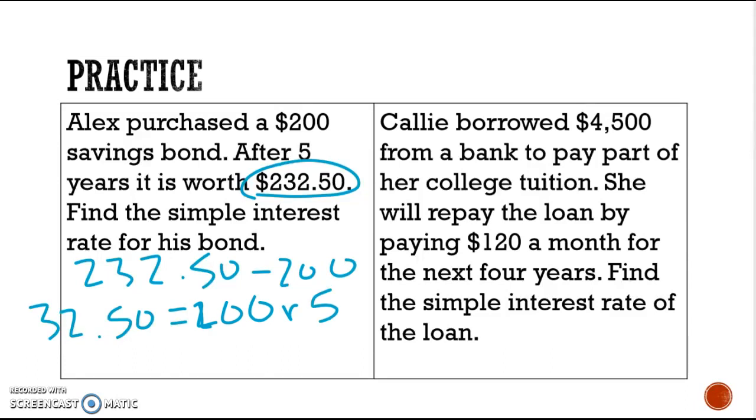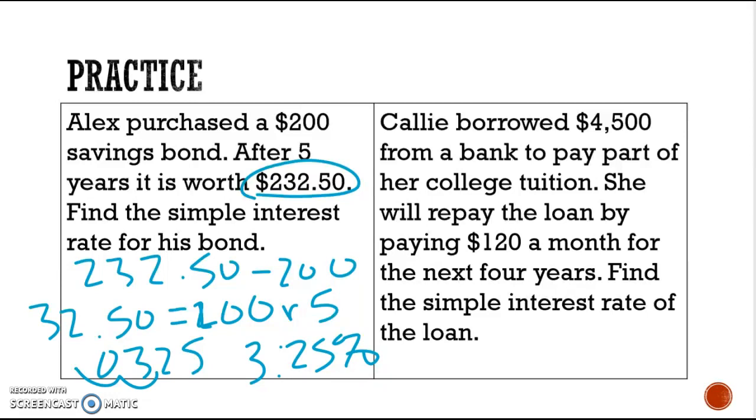So you're going to type in 32.50 divided by 200 divided by 5, which gives you an answer of 0.0325. So move your decimal over 2 spots. It's going to be 3.25%.